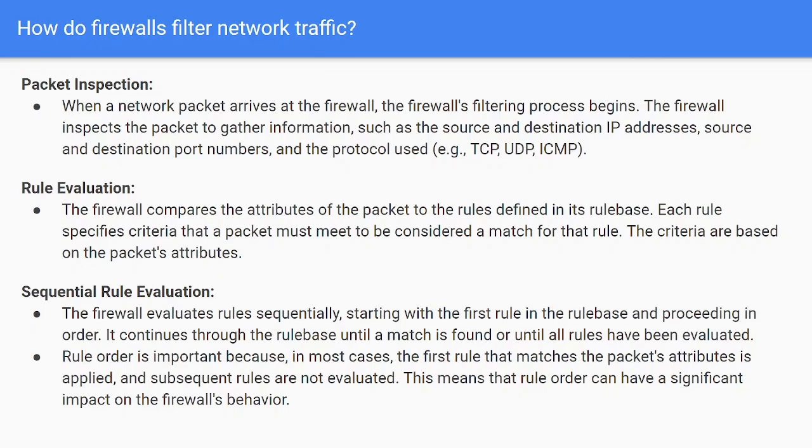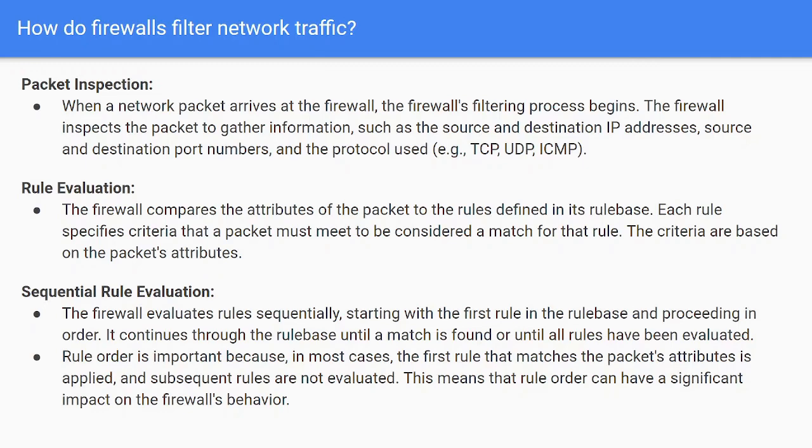Then the next point is rule order. Rule order is important because in most cases the first rule that matches the packet attributes is applied and subsequent rules are not evaluated. This means that rule order can have a significant impact on the firewall behavior.